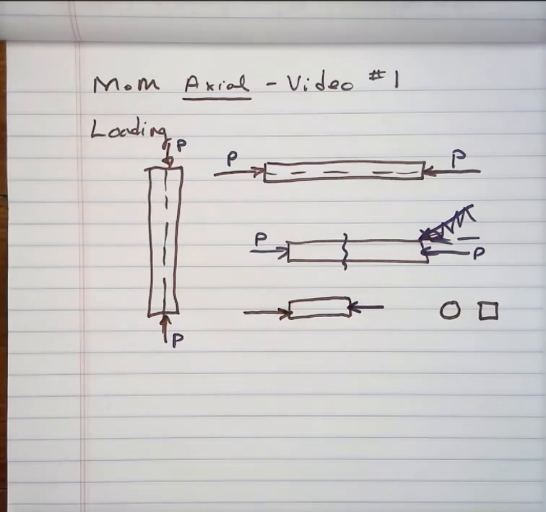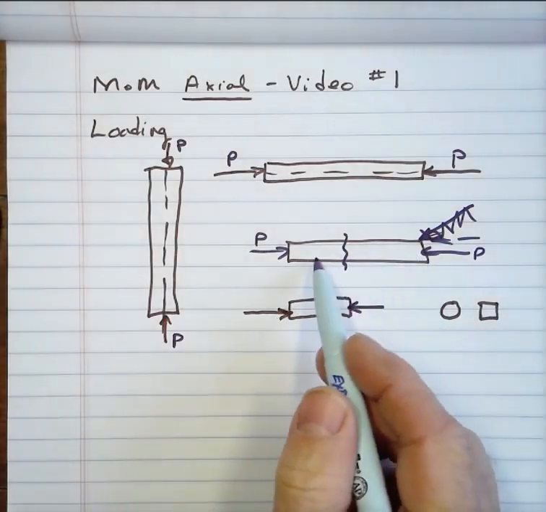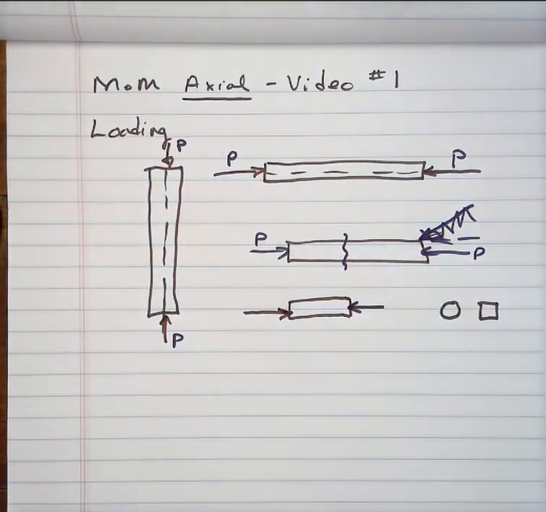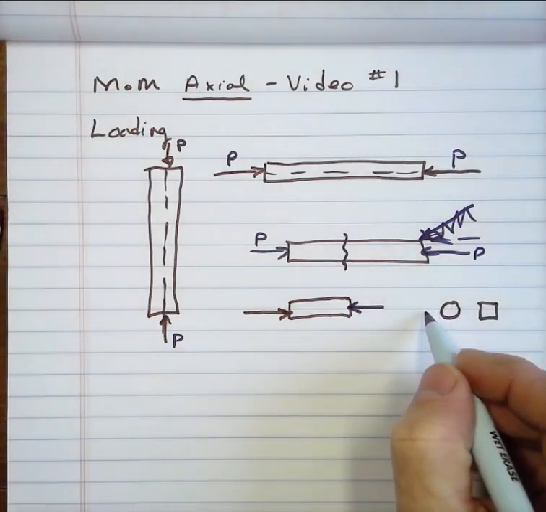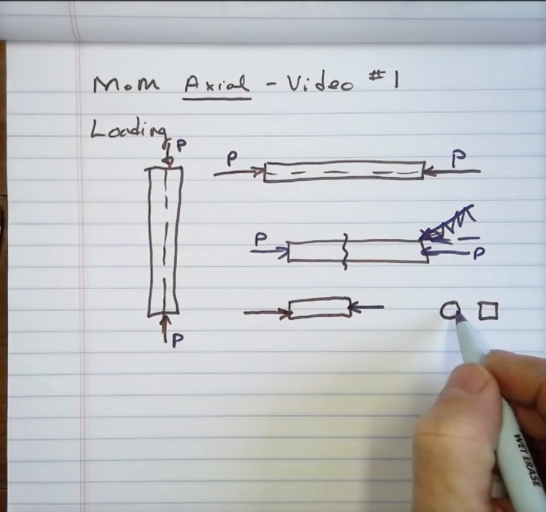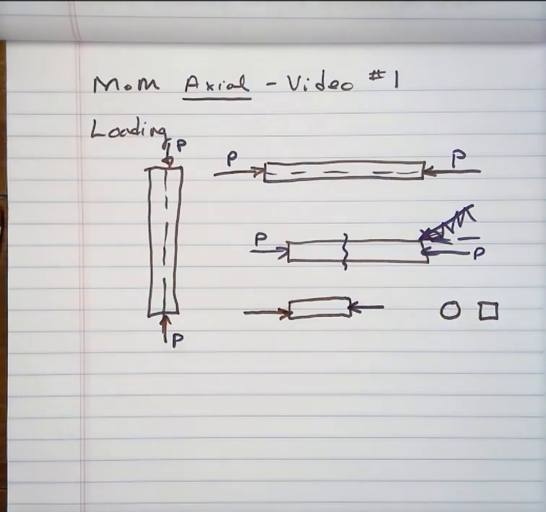Where you've seen this before is in trusses. The members of a truss are being loaded with axial loading. We would have said that this particular member would have been in compression. So when the force is perpendicular to the area, we call that normal to the area.